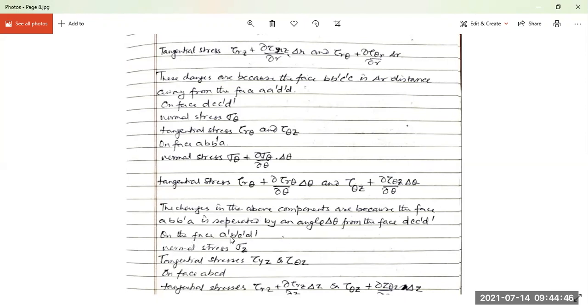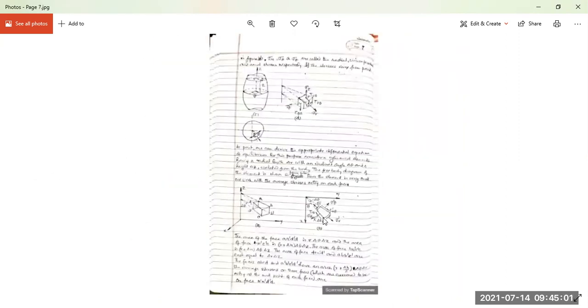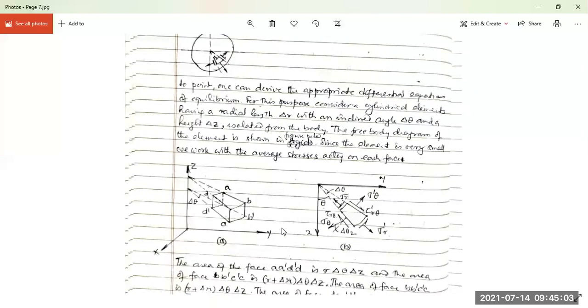Now on the phase a dash b dash c dash d dash, which is this plane, that is normal phase a dash b dash c dash d dash, take action. A dash b dash c dash d dash means this particular plane itself.